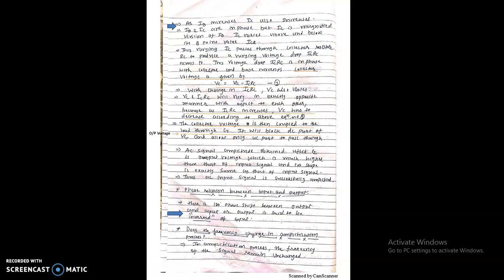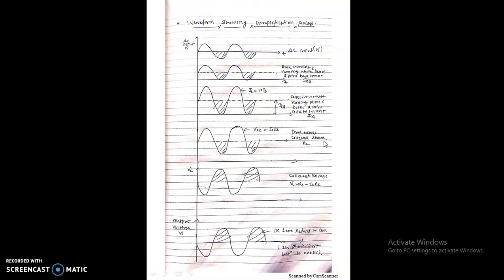And at last, the collector voltage is then coupled to the load through C2. It blocks the DC part of VC and allows only the AC part. So we will get inverted VC, where collector voltage VC is equal to VCC minus ICRC.